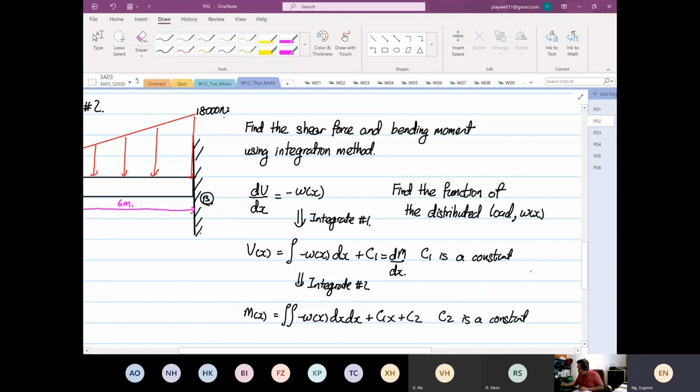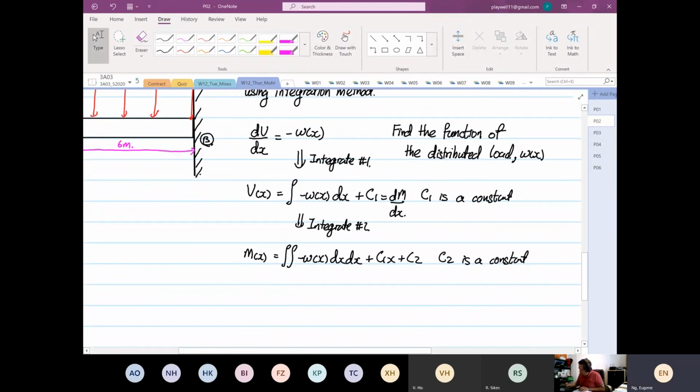So for this case, we have to identify boundary conditions to determine C1 and C2.